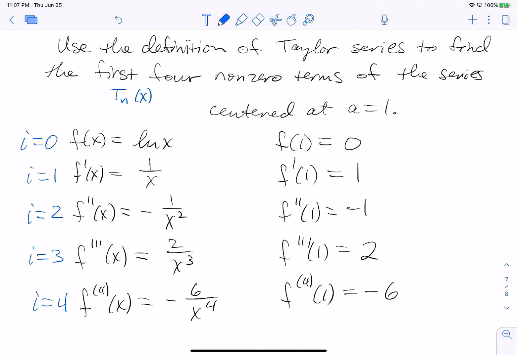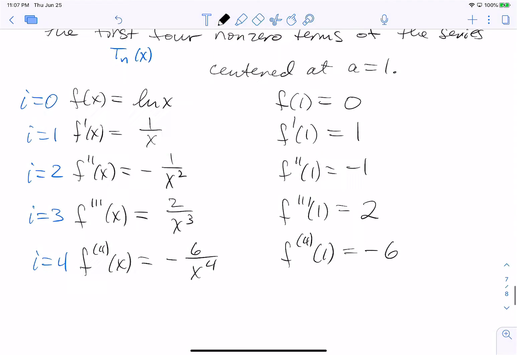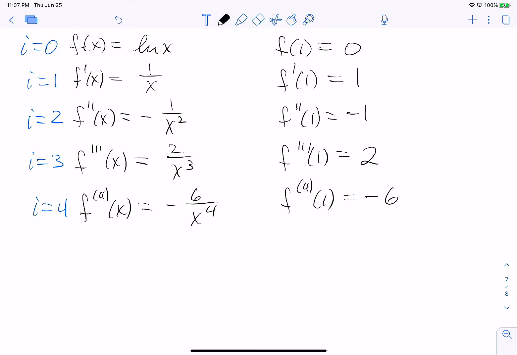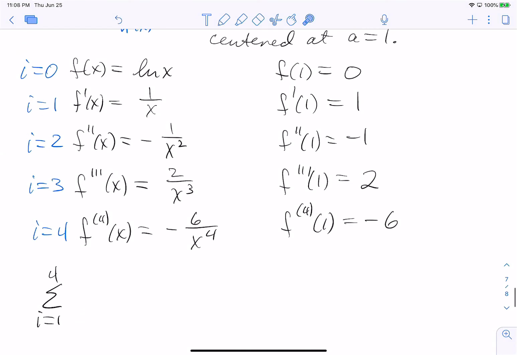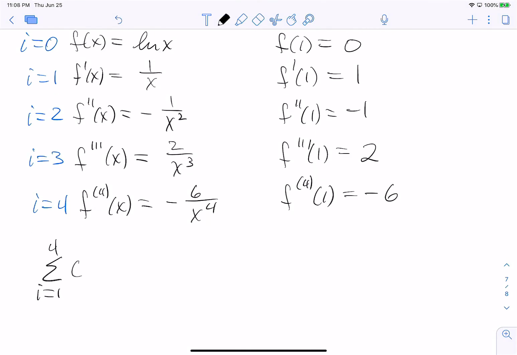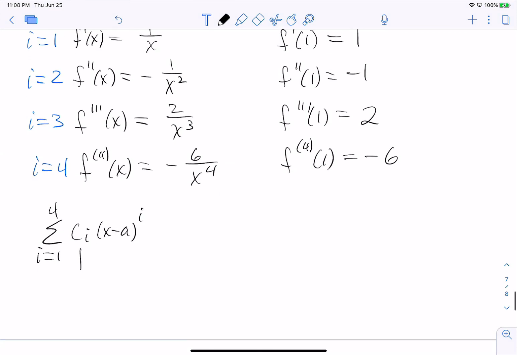So our sigma notation is going to start with i equals 1. And remember, what we're looking at is something of the form, the sum as i goes from 1 to 4, right? Because we have four non-zero terms, of c sub i times x minus a to the i, where the c sub i's are the ith derivative evaluated at a divided by i factorial.